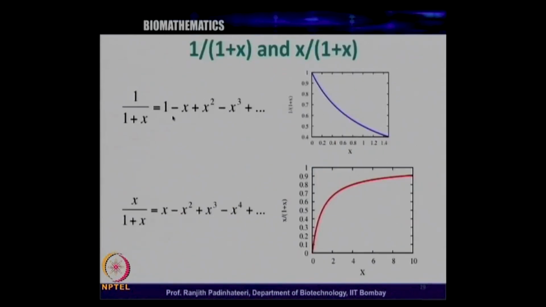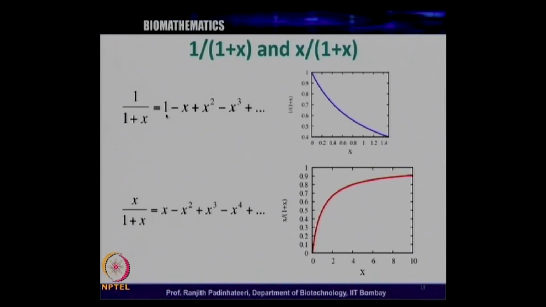1 by 1 plus x can be written as 1 minus x plus x square minus x cube and so on and so forth. And if we multiply both sides with x, you will get x by 1 plus x. I multiply the numerator with x, so you get x by 1 plus x. So that means I multiply all these terms with x.